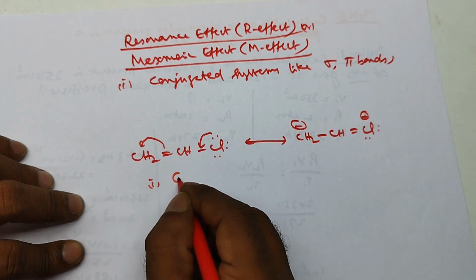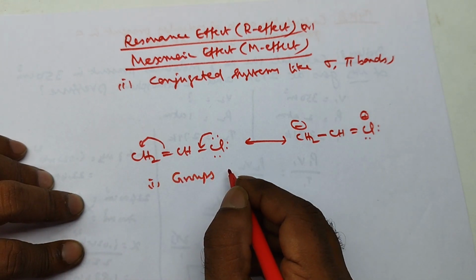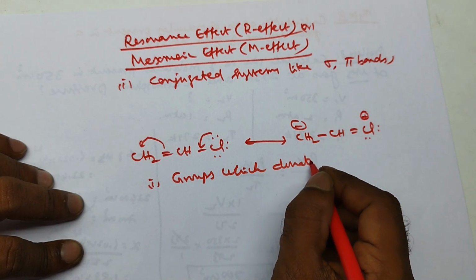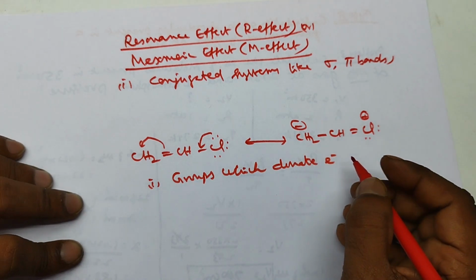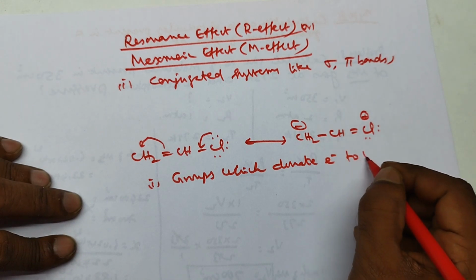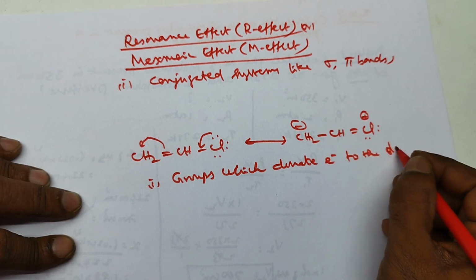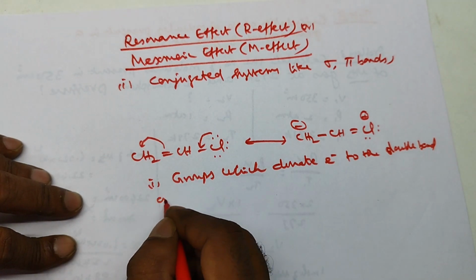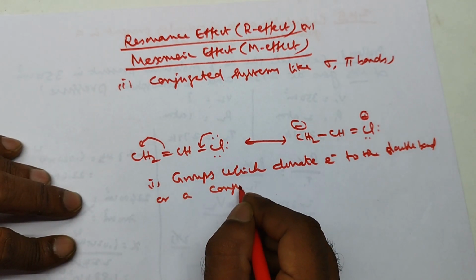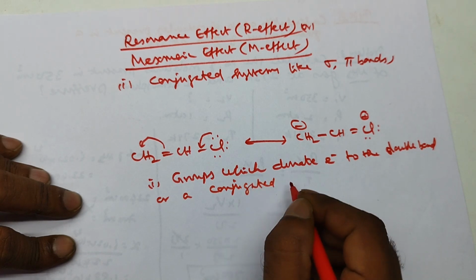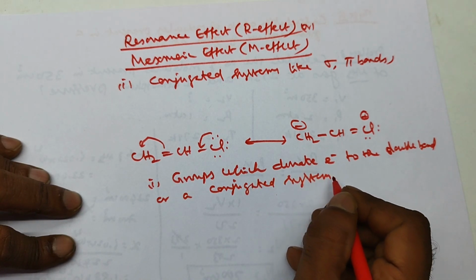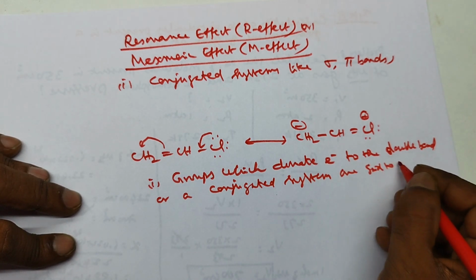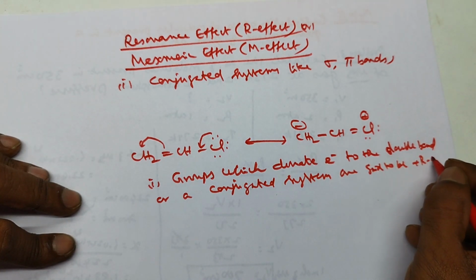One is groups which donate electrons to the double bond or to a conjugated system, which are said to have the plus R effect.